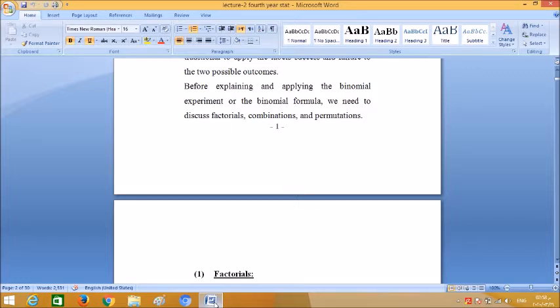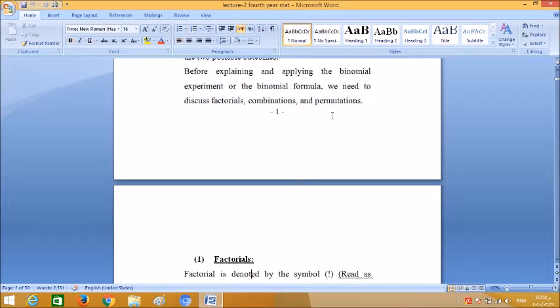Because the formula of the binomial contains the combination, and the combination contains factorials. Okay? And the combination must be different from the permutation.